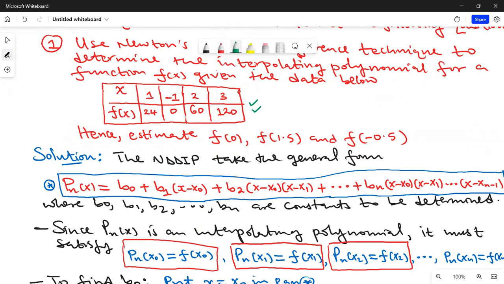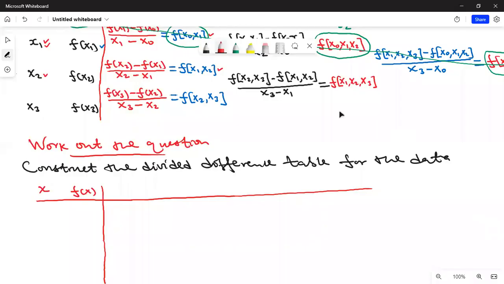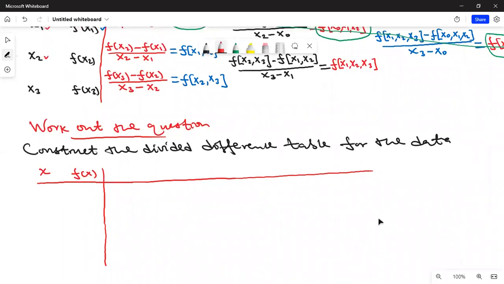And once we come up with the interpolating polynomial, I'll show you how to use it to predict, or simply to estimate, the values of f of 0, f of 1.5, and also f of negative 0.5. So let's construct the divided difference table for the data.